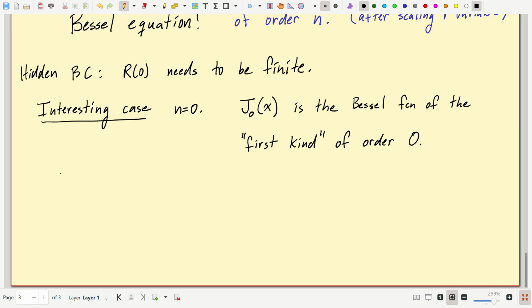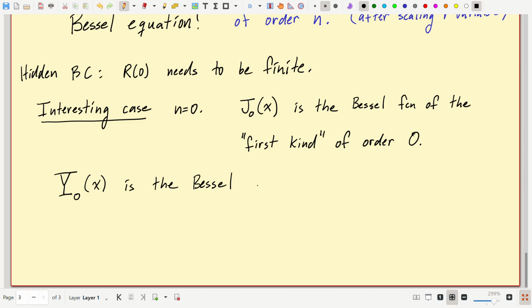The one of the second kind is usually called Y0 of x, the Bessel function of the second kind. And it's not bounded. It blows up at 0. This is known as r equals 0, the origin, being a singular point of that differential equation.